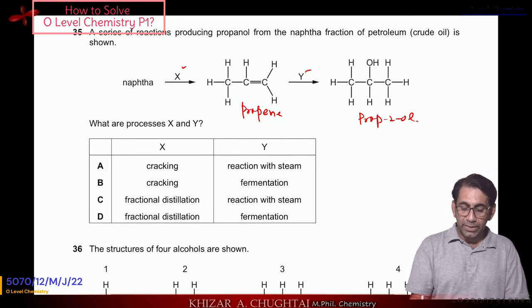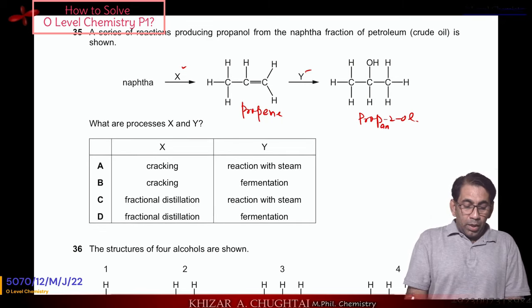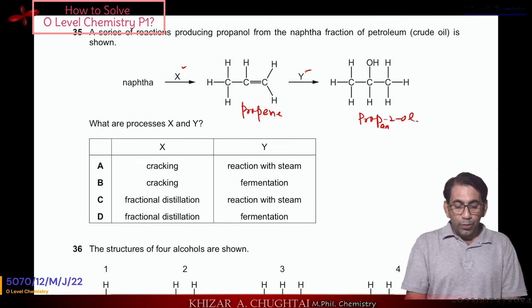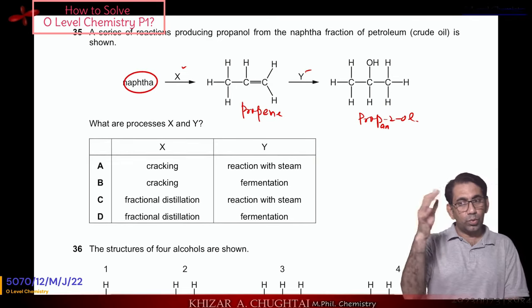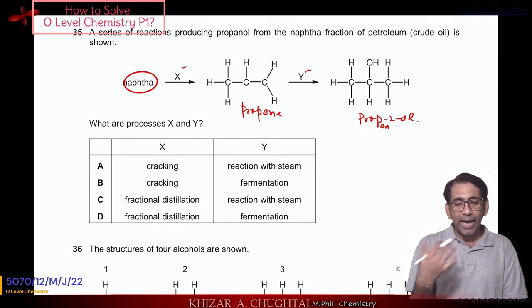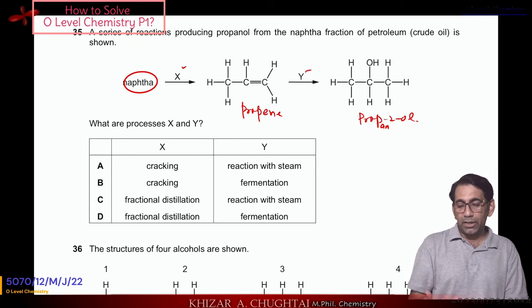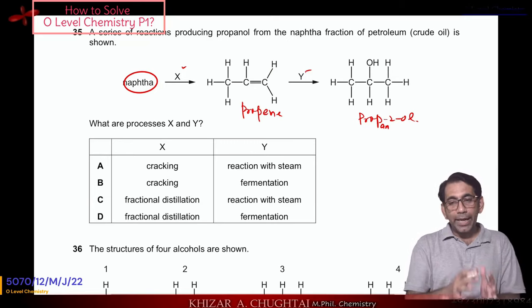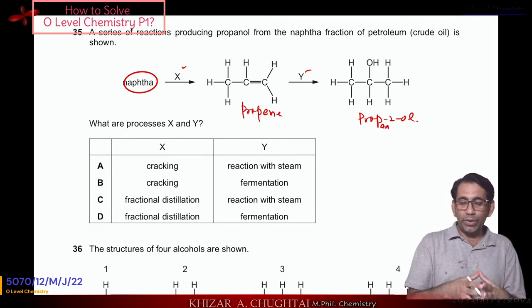What are the process X and Y? Naphtha can be changed into alkene. This is called cracking. The breaking of higher hydrocarbons, with higher number of carbon atoms, into smaller hydrocarbons is a process known as cracking.